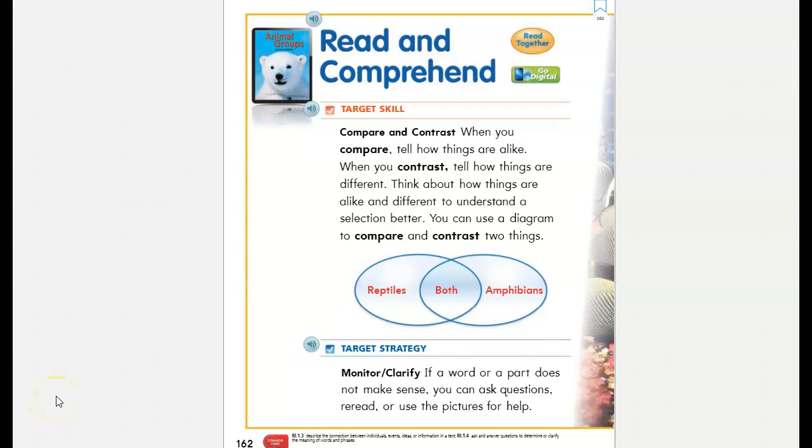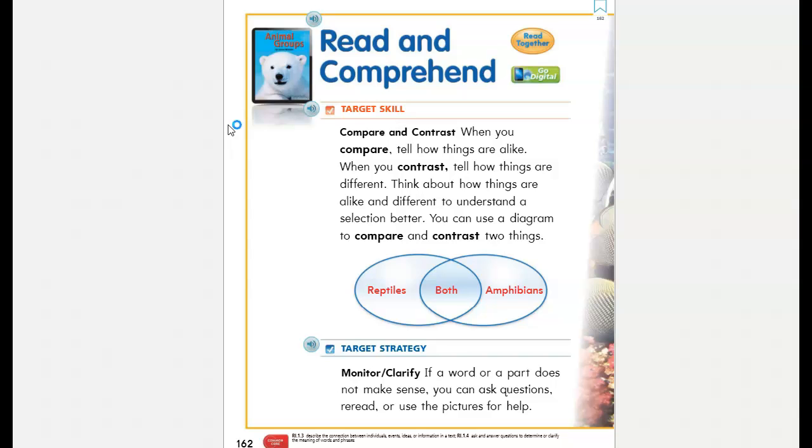Before we begin reading our story, Animal Groups, we are going to talk about one of our target skills for this week. Our target skill for this week is compare and contrast. When you compare, tell how things are alike.